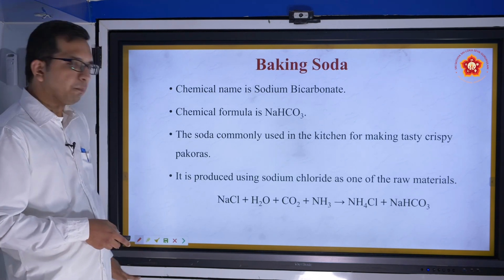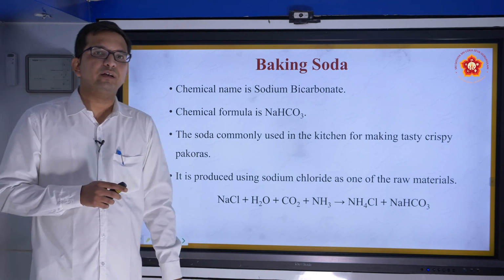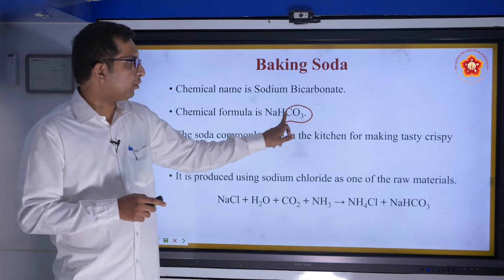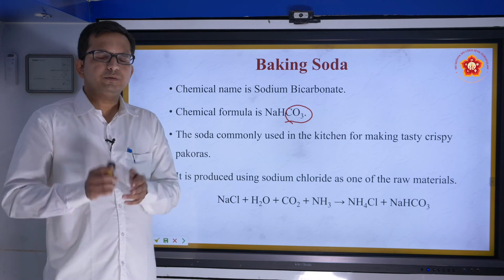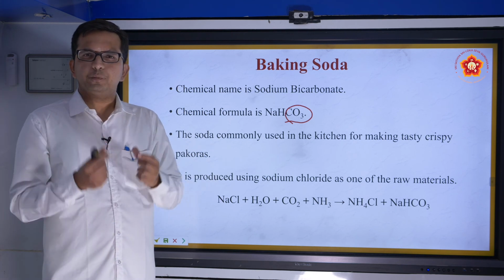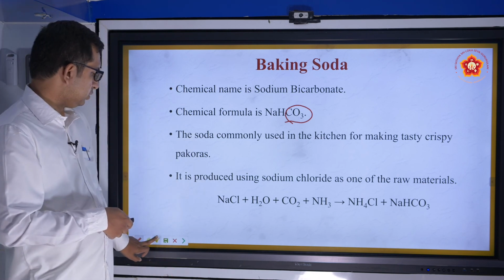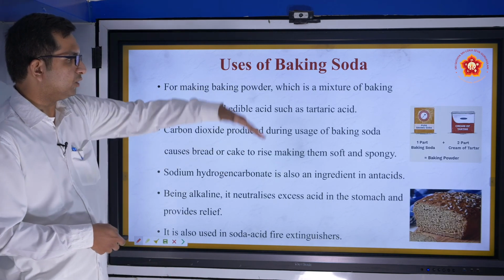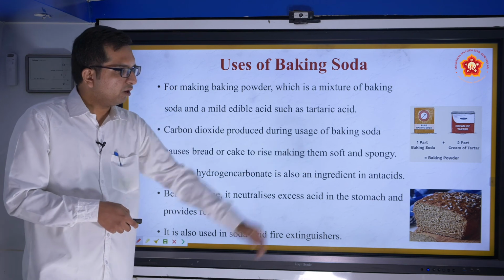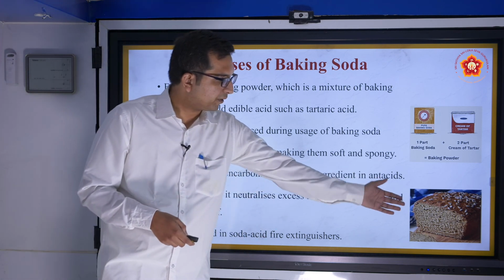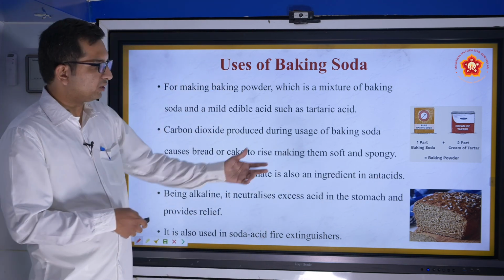Then baking soda, mainly used for the food industry, so that the carbon dioxide that this compound gives away helps us to form crispy or fluffy food. Some of the uses we have shown with a small diagram of the brown bread or the cake.